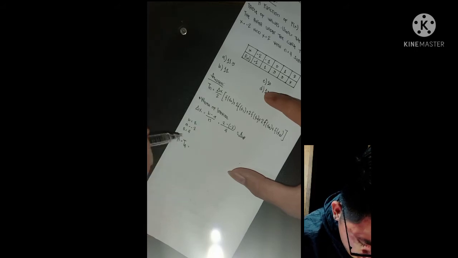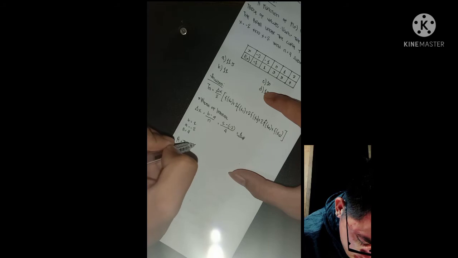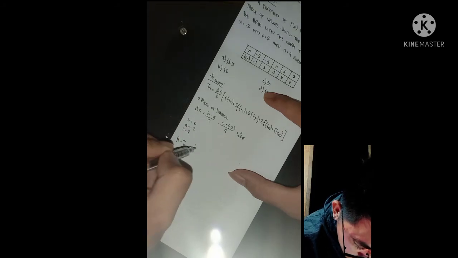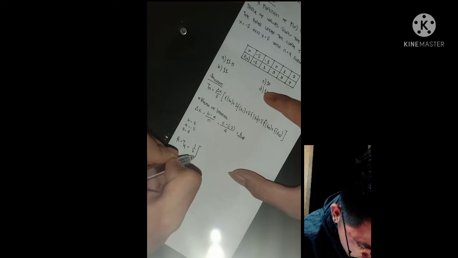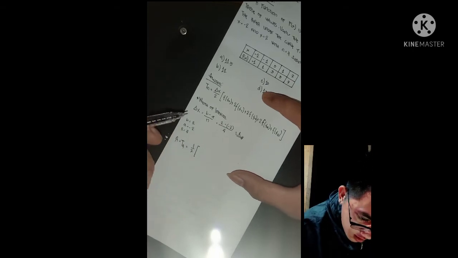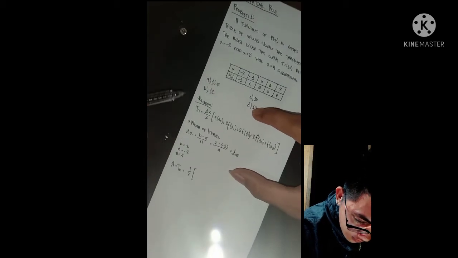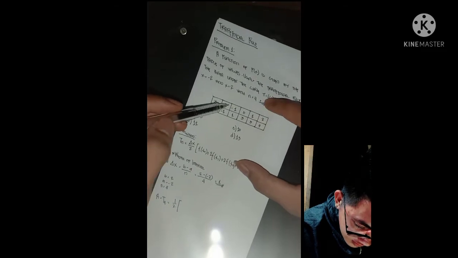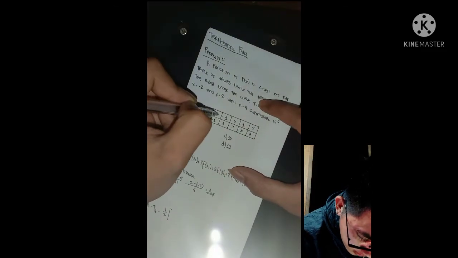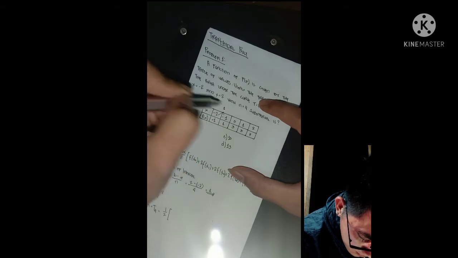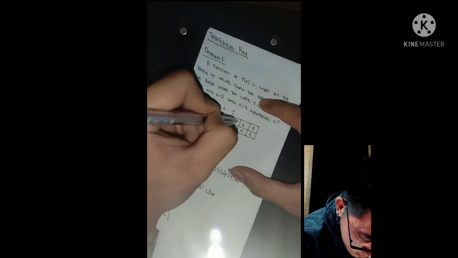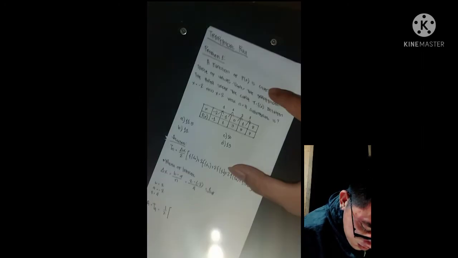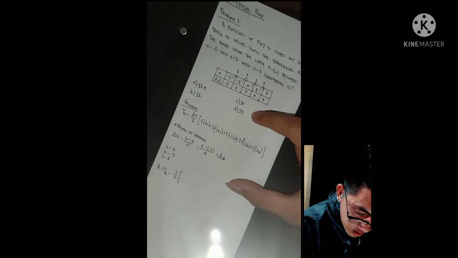T4 is equal to 1/2, since our width of the interval is 1, over 2, times our function values here. We can see in this table an interval of 1.